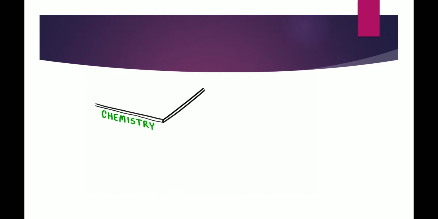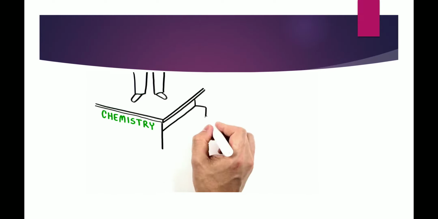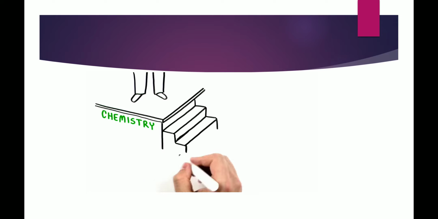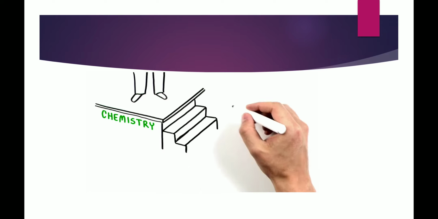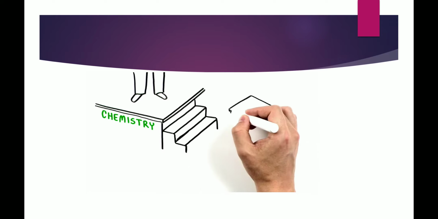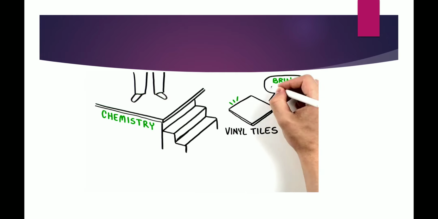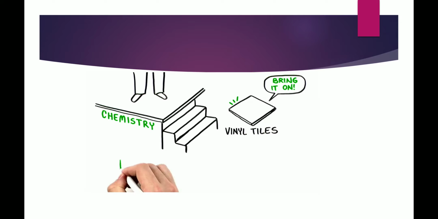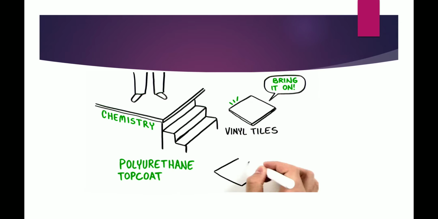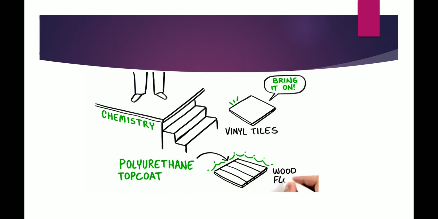Chemistry is also underfoot, enabling fun and functional possibilities for your carpet and floors. In bathrooms, entryways, and other high-traffic areas, vinyl tile is a long-lasting, easy-to-clean flooring option. Polyurethane-based top coats can enhance scratch resistance to extend floor life even longer.